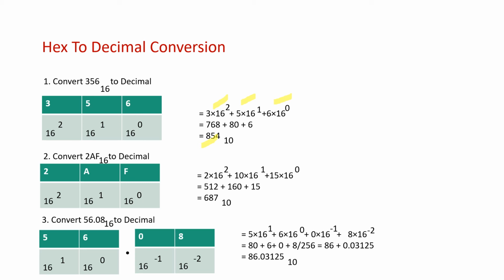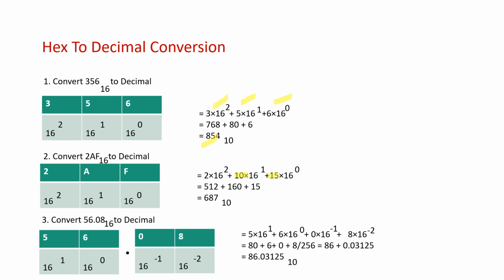Now let us take the next example. 2AF base 16 has to be converted to decimal. Here we need to note down the letters A and F, and write the equivalent values: A is the same as 10 and F is the same as 15.